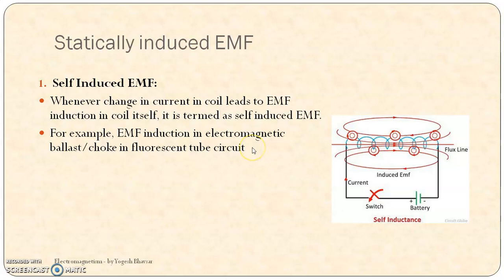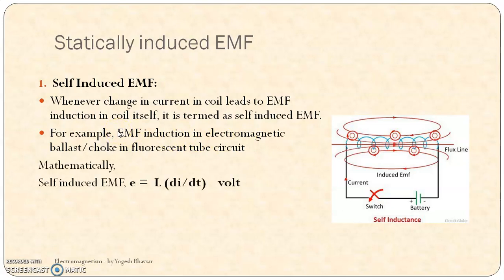As soon as the voltage is given to that choke, there will be opening and closing of the contacts with the help of the starter, and due to that very frequent change in the current, a large voltage is induced in the coil itself, and that large voltage will drive the fluorescent tube, right? So this is an example of self-induced EMF.